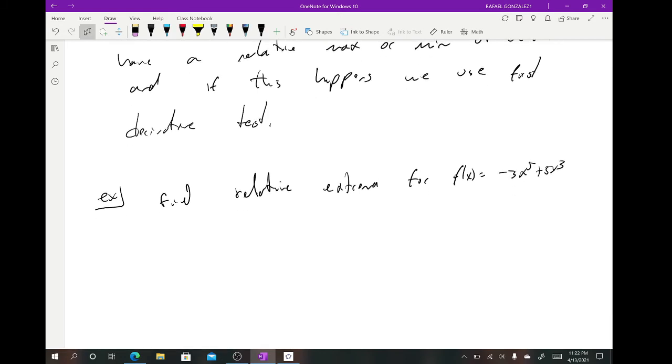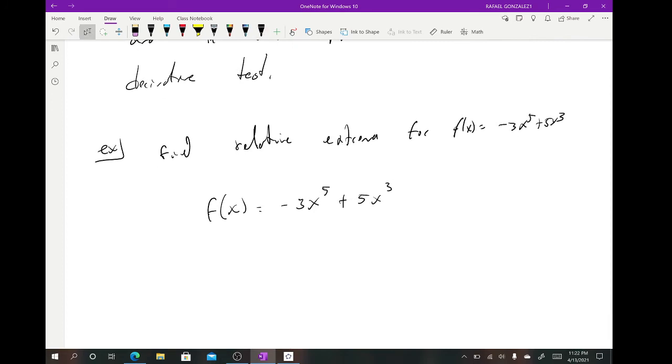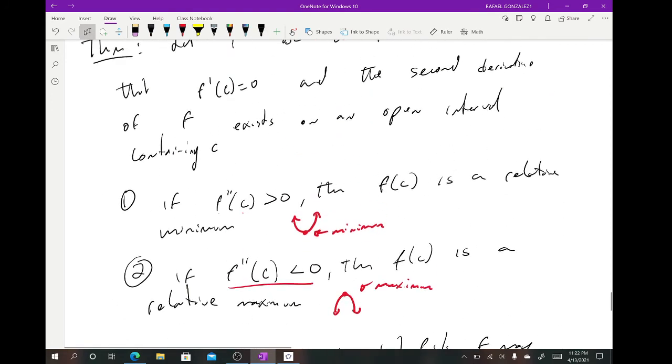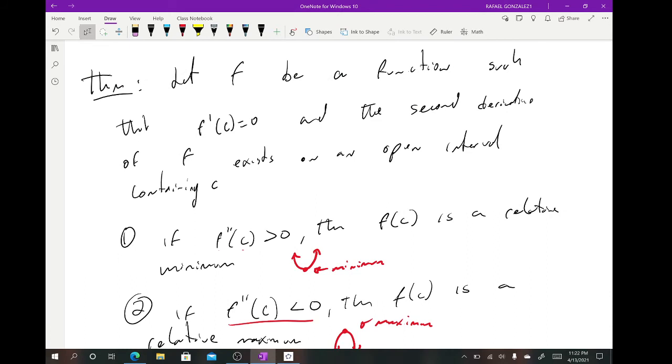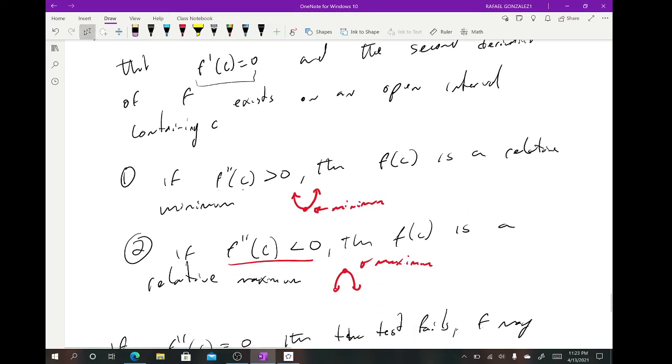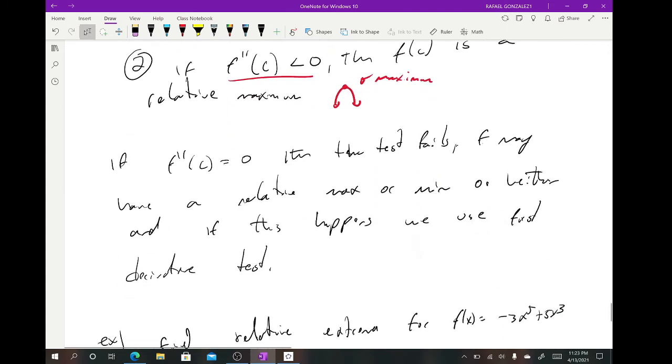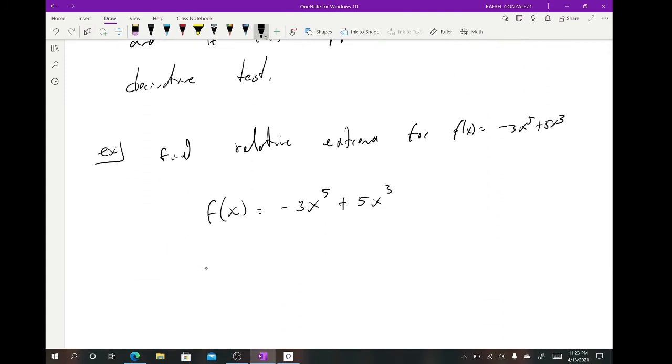First of all, notice that this is a continuous function. It's continuous on the entire real number line because it's a polynomial function. The first thing we have to do by the second derivative test is figure out the critical numbers such that the derivative is equal to 0. So we have to find the first derivative.